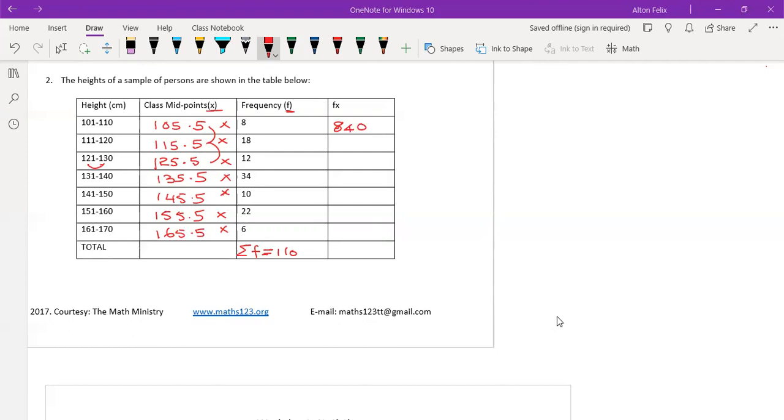Right, so I'm going to perform the multiplication, take note of the answers, and then I'll just write them in. So this is 2079. Right, let's go to the next one. 125.5 by 12, 1506. 135.5 by 34, 4607.